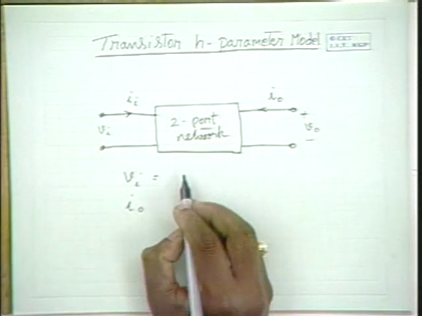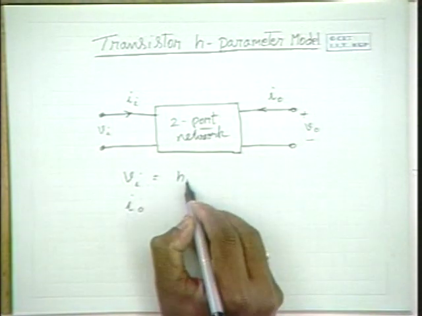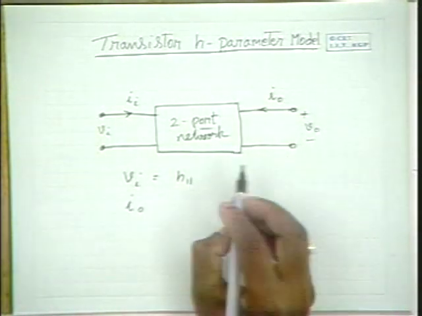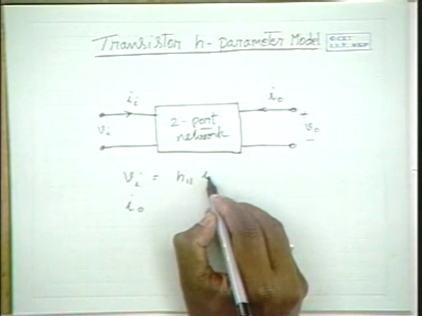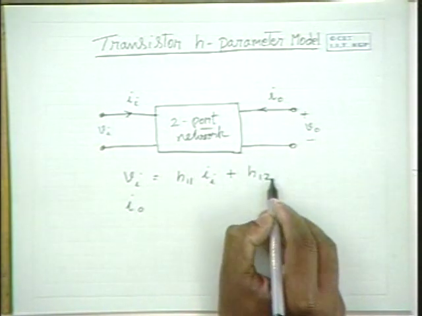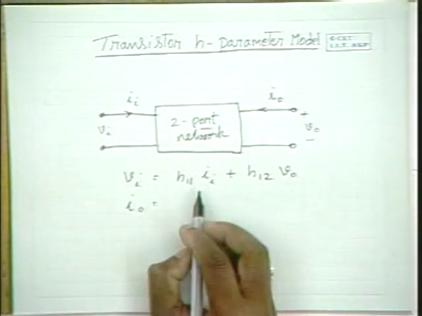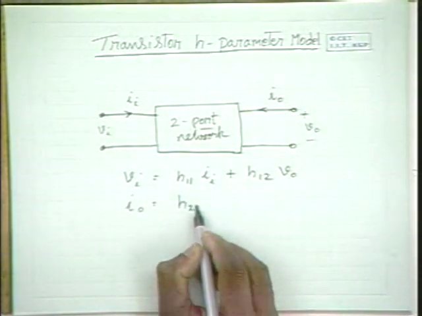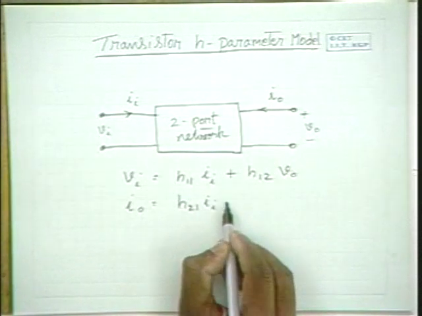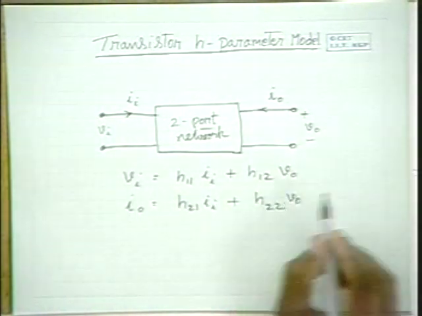For example, Vi can be expressed as some proportionality constant H11 times Ii plus H12 times V0, and I0 is H21 times Ii plus H22 times V0.